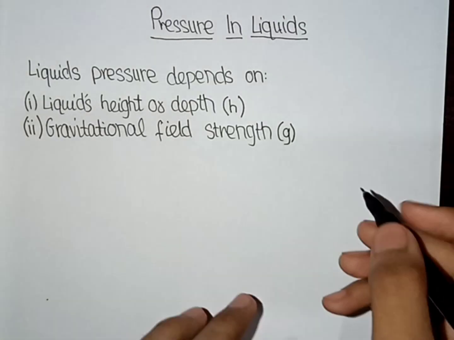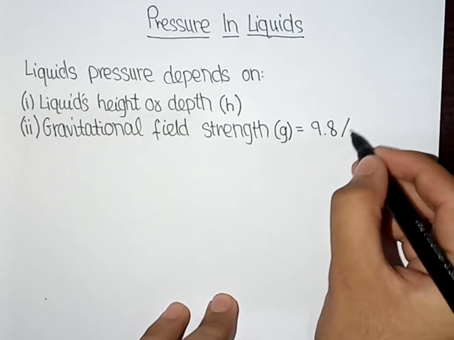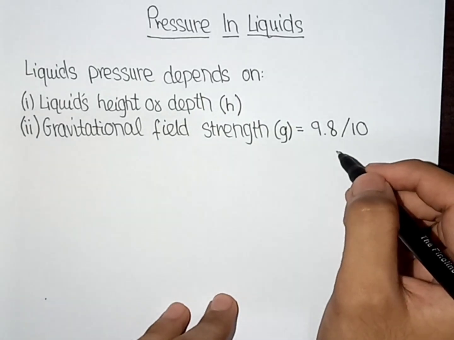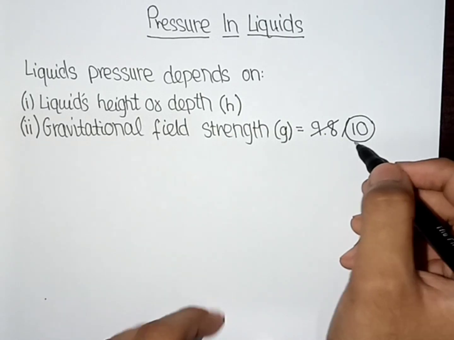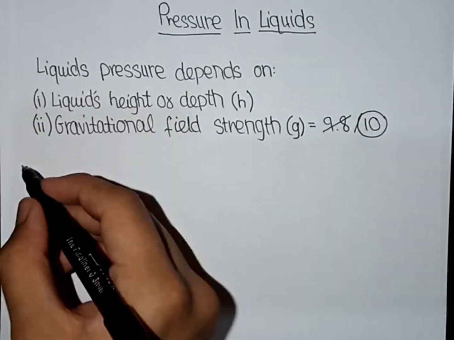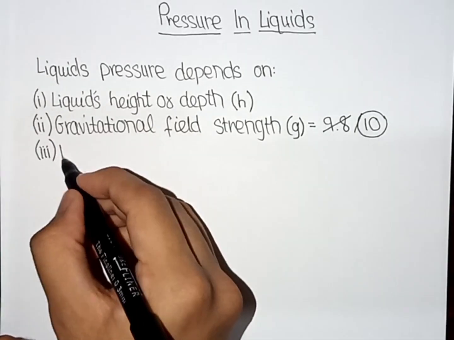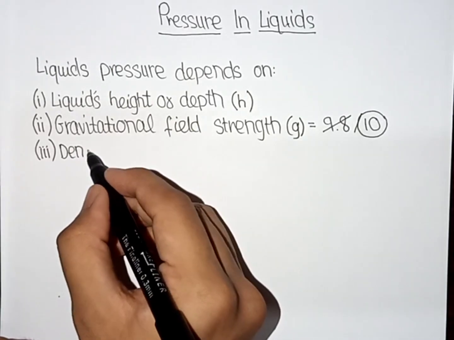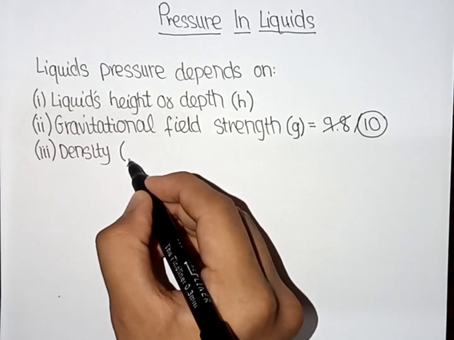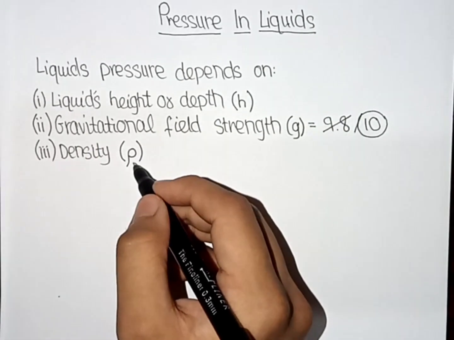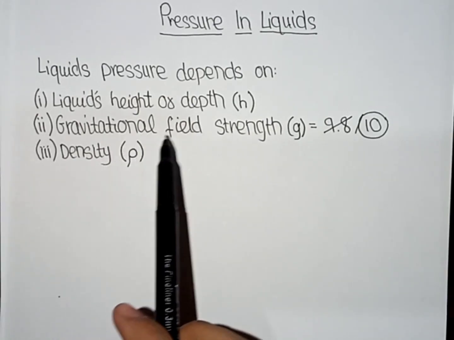In SI, mostly the gravitational field strength has the value 9.8 or 10. In SI, 9.8 is not used when they tell us to take 10, so we have to consider what SI tells us. The third is density, which is represented by rho. This is called rho. So liquid's pressure depends on liquid's height or depth.